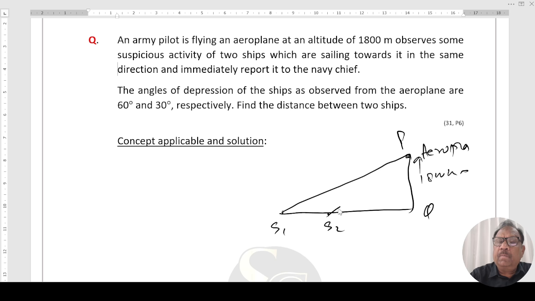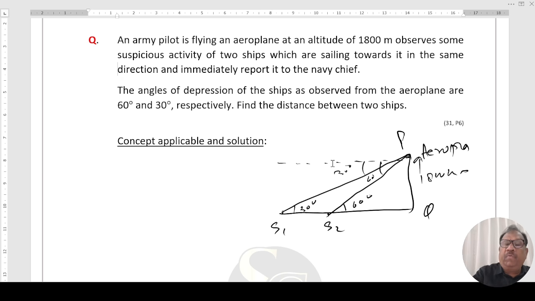Two ships are there. Angles of depression are given to you. This will be 30 degree, this will be 60 degree. By alternate angles, the angle of elevation equals the angle of depression.